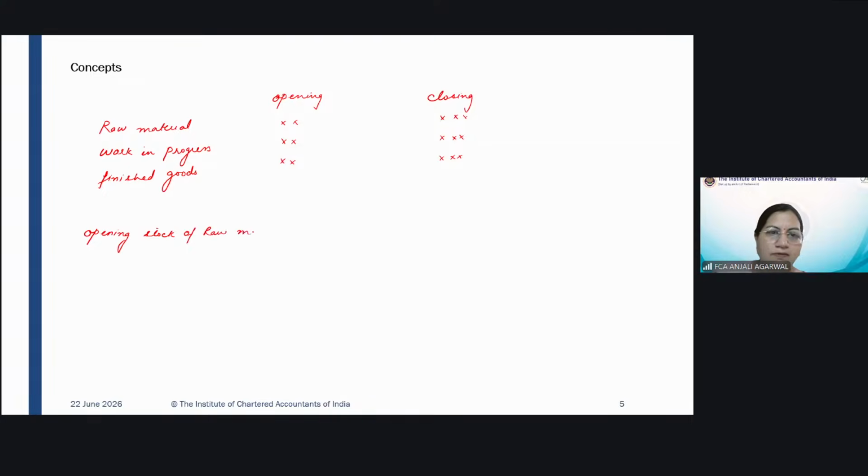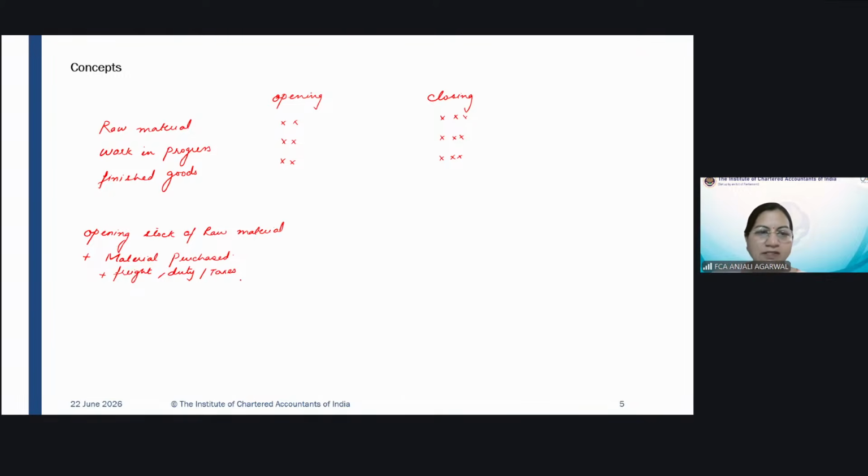To this, you add whatever raw material you have purchased in this period. We have seen in the materials chapter that any direct expenses related to material purchased, like freight or duties which are not refundable, or taxes for which no credit is available, should be added to the cost of material purchased.